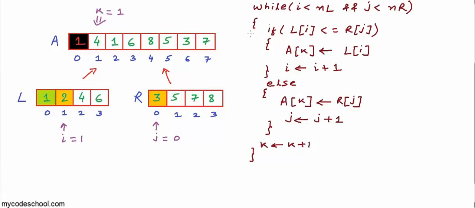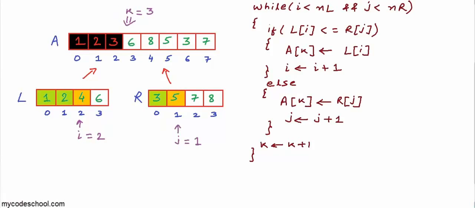Coming back to our example here, i and j are both valid indices. Now we'll compare if L[i] is less than or equal to R[j]. Well, yes, L[i] is less than R[j], so we need to pick 2 for the 1st index, and we need to increment both i as well as k. For the next position it's between 4 and 3. 3 will go, and we will increment j and k this time.